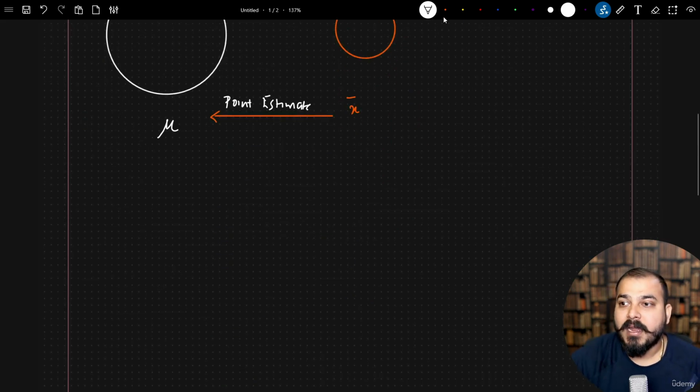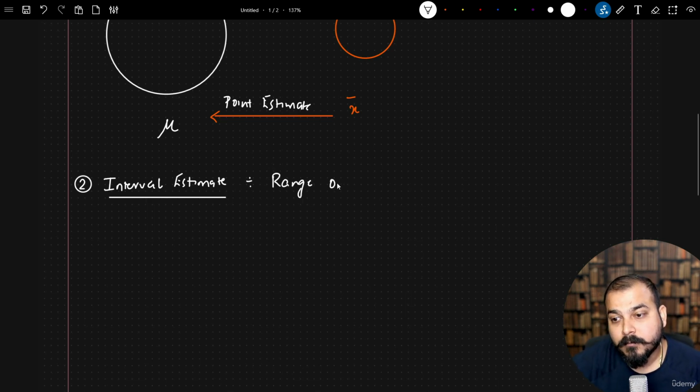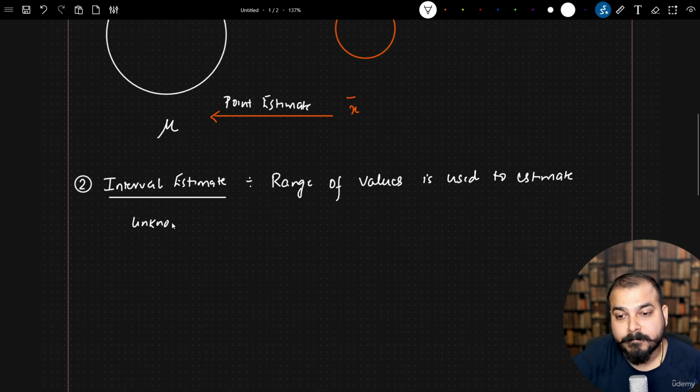Now coming to the second type in estimates. We say this is the interval estimate. In an interval estimate, a range of values is used to estimate an unknown population parameter. See this, guys.